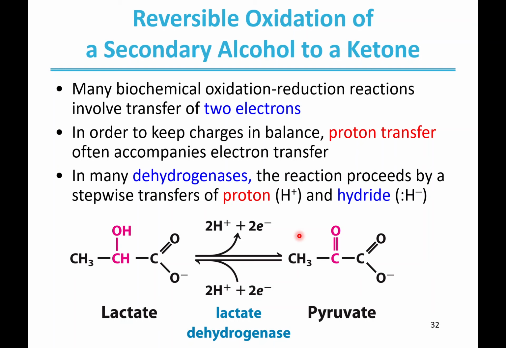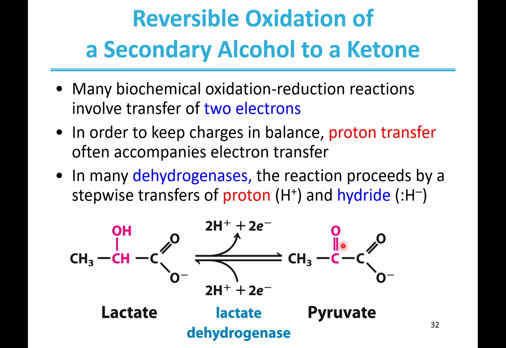What's happening, looking at this specifically, is we're losing 2 electrons. If you count up the oxidation states in both of these, you'll notice lactate has 2 more electrons, 2 more negative charges.